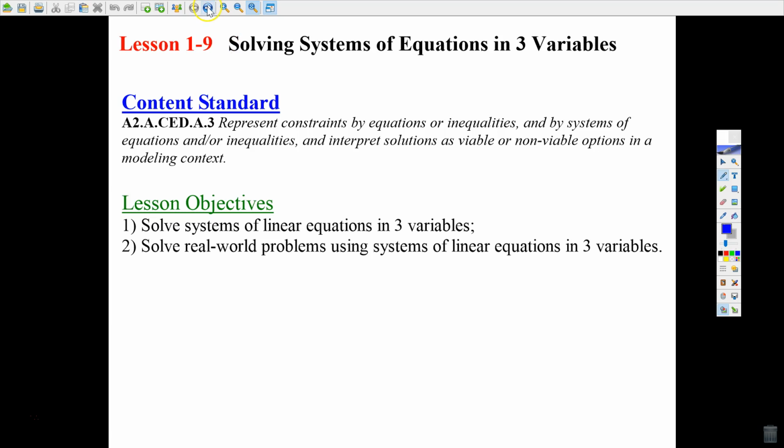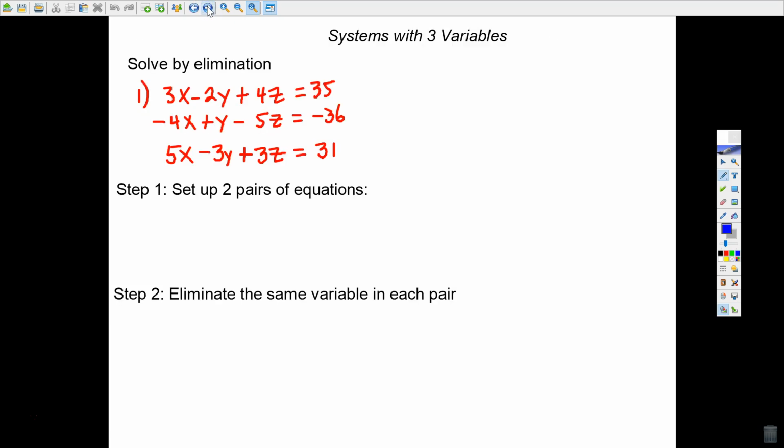So let's just jump right into an example, and I'm going to give you a step-by-step process of how to solve these 3 variable systems. It's always a good idea to look over your system and try to pick out a variable that looks like it would be the easiest to solve for.